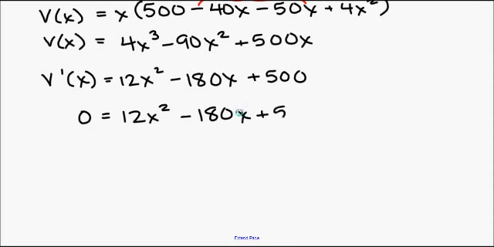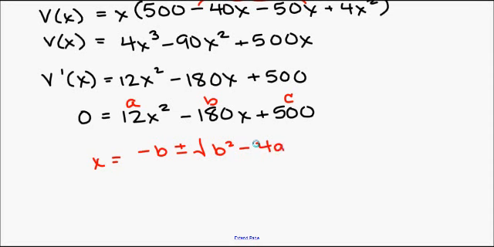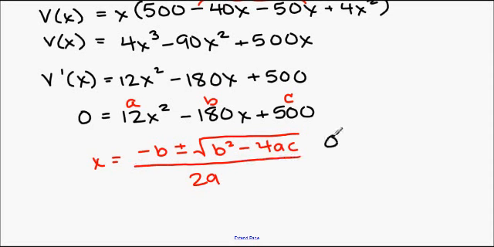And I don't even want to try to factor this because I have some big numbers up here. So I'm going to label my A, B, and C and use the quadratic formula. So remember that is x equals the opposite of B plus or minus square root B squared minus 4AC all over 2A.